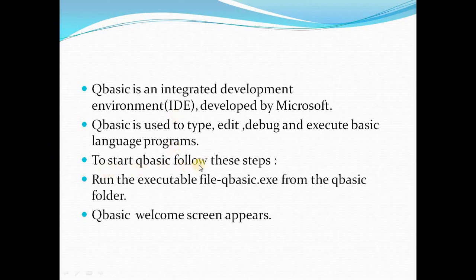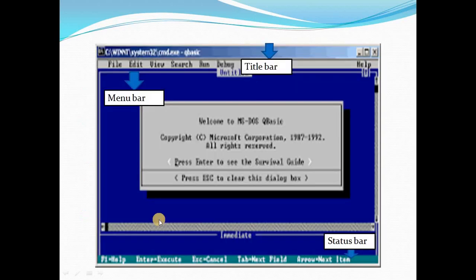To start QBasic, we have to follow these steps. Run the executable file, that is qbasic.exe, from the QBasic folder. The QBasic welcome screen appears. This is your QBasic welcome screen. Here comes the title bar.